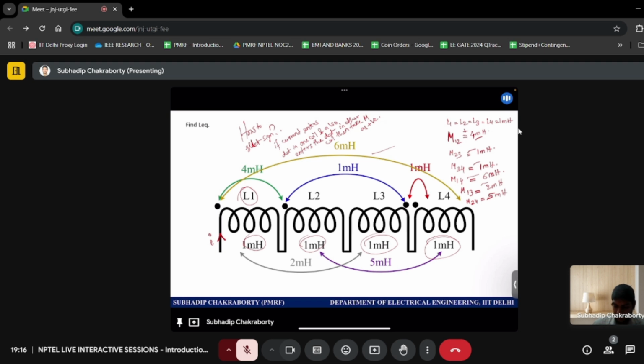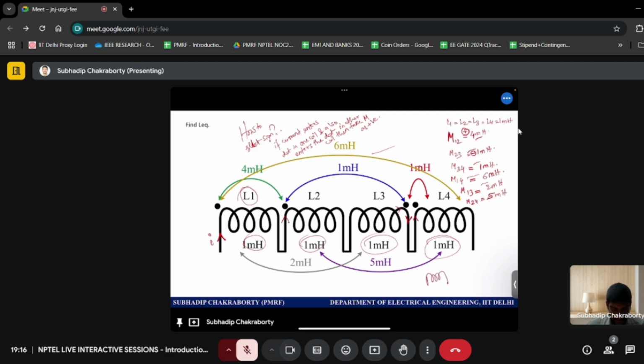For 2 and 3, if one current is entering the dot, the other current is leaving the dot. So they are negative. Then 3 and 4: here you can see current is leaving the dot and entering the dot. How to see whether it is leaving the dot or entering the dot?